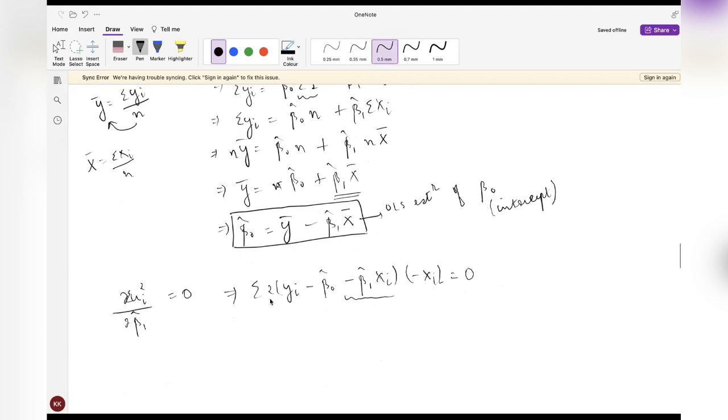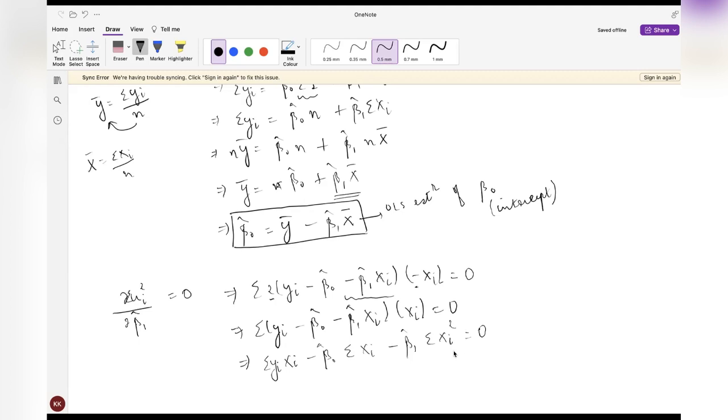Taking the 2 and minus 1 to the right hand side will leave us with an equation: yi minus beta naught hat minus beta 1 hat xi, into xi, is equal to 0. Opening this equation will give us summation of yi xi minus beta naught hat into summation of xi minus beta 1 hat into summation of xi square is equal to 0.